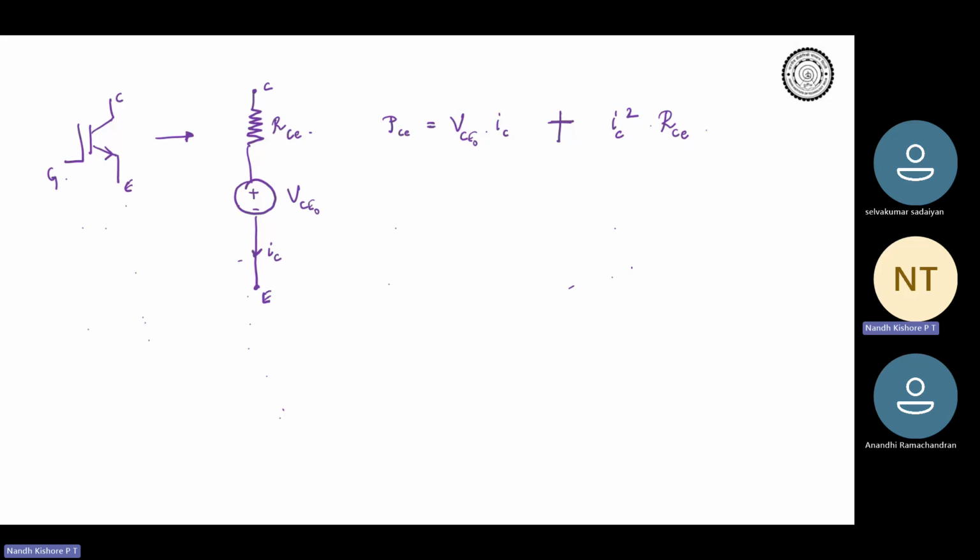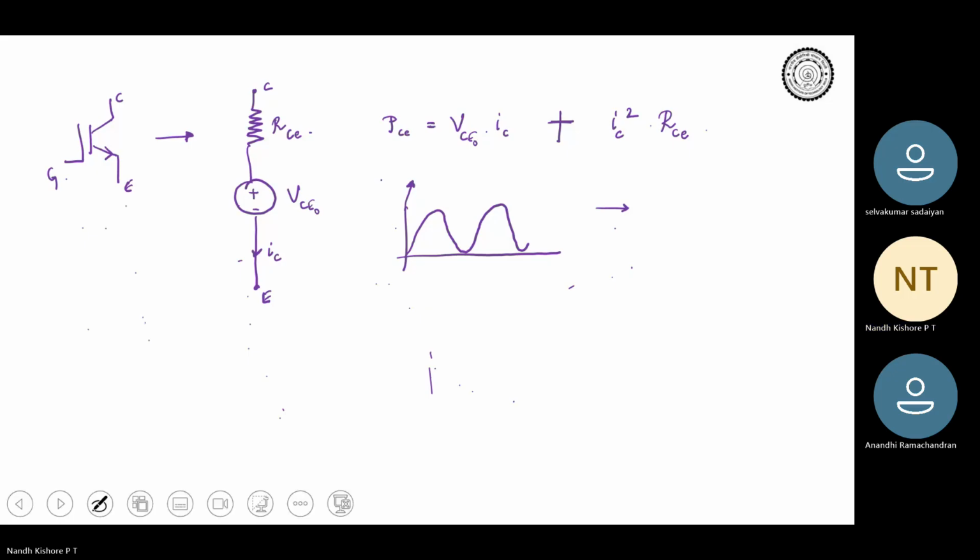Now let me take a current profile, something like this. Let's say this is I and this is T. You know that this will be having two parts, right?